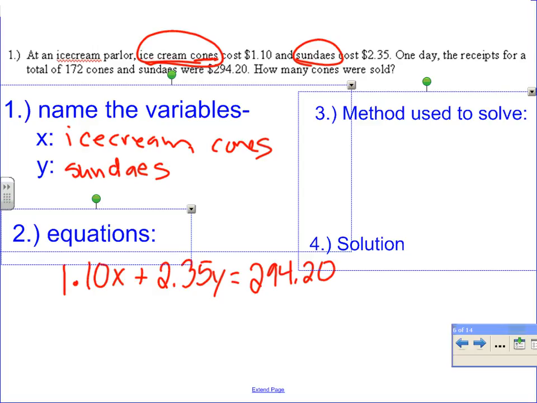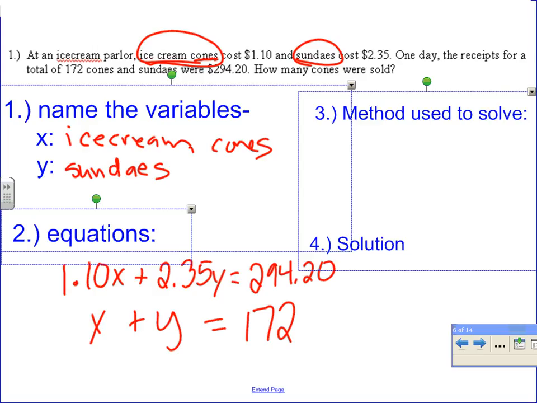The second equation deals with the total amount of cones and sundaes purchased. What do you think the second equation is going to be? Anyone have any idea? If 172 were purchased, Jackie? Good. X plus Y equals 172. We do not know anything else about how many were purchased.